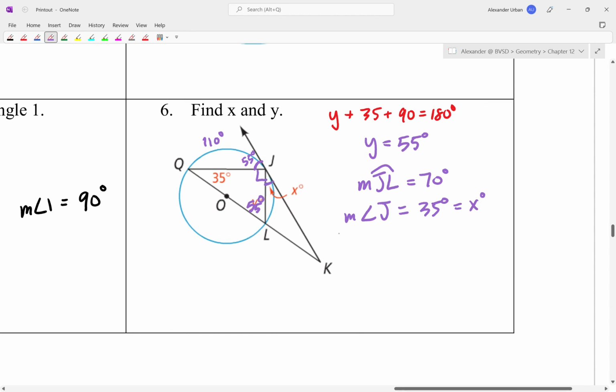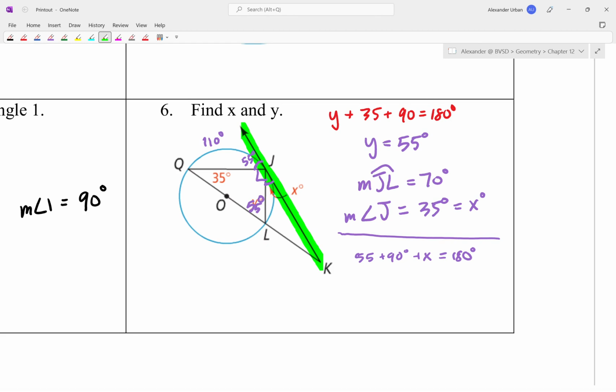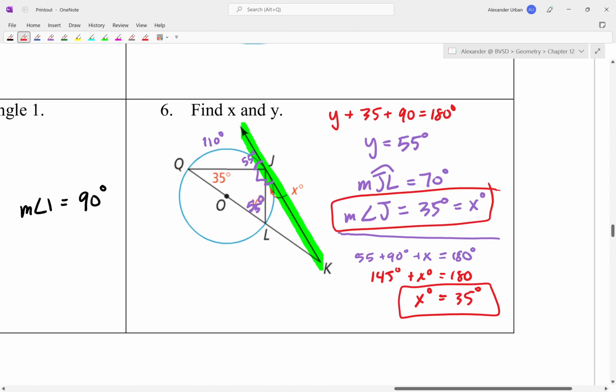So if you want to solve it another way, the other side of this could be 55 plus 90 plus x has to be equal to 180. And you might ask me why. Well, what I'm really doing is adding up this line, and lines are going to be 180 degrees. So you could say, hey, this is 145 plus x degrees is equal to 180. Subtract 145 from both sides, so x has to be 35. So there's two different ways of solving it, but you did it with me.